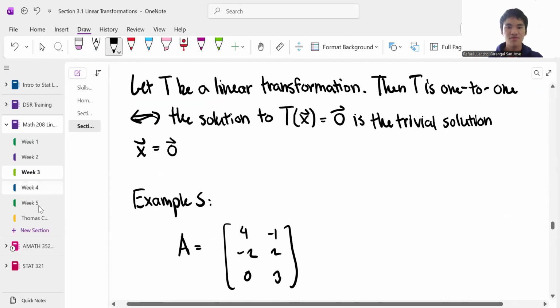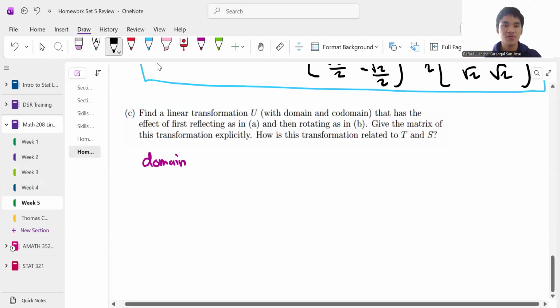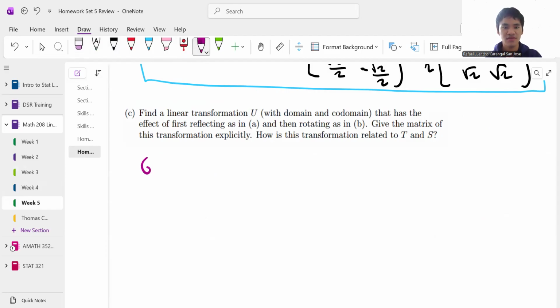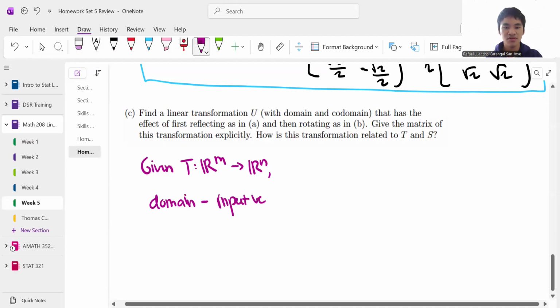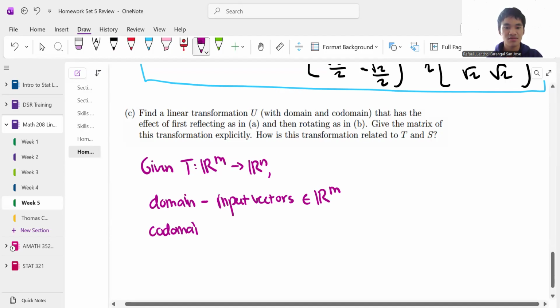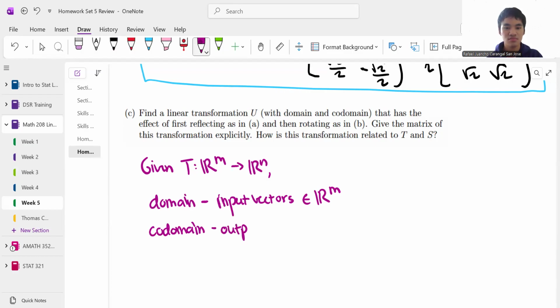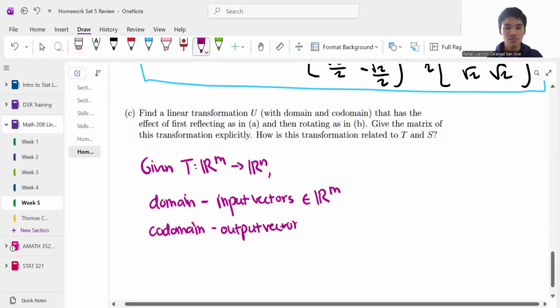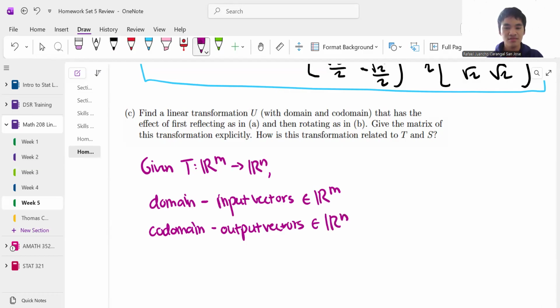So again, just to briefly recap what I'm talking about. Given T goes from Rm to Rn, the domain is basically the input vectors that belong in Rm, and the codomain is the output vectors that belong in Rn.